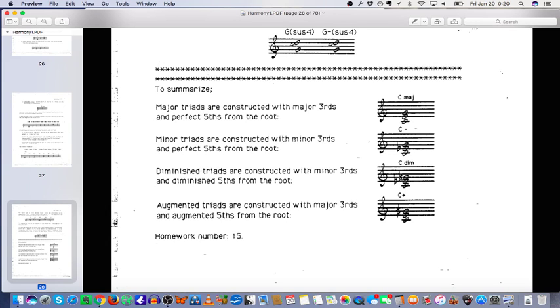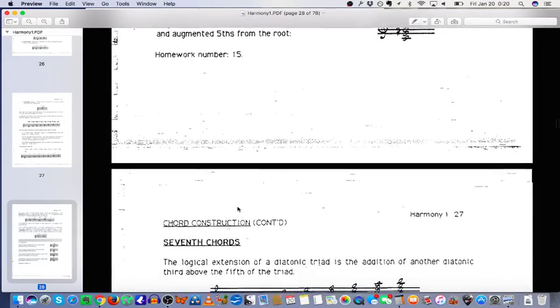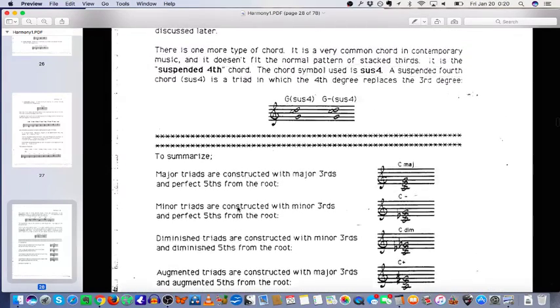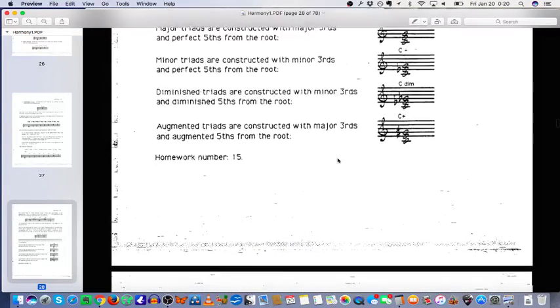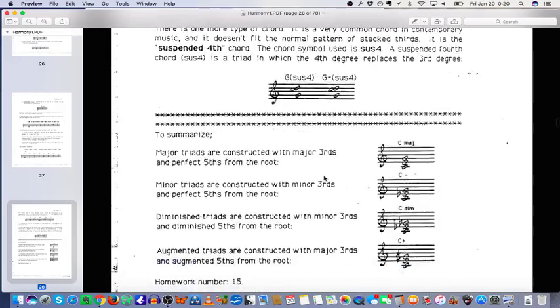Now, the diminished triad, you got a minor third followed by another minor third with a diminished fifth on the outside. All right, augmented, it's a major third and another major third and an augmented fifth on the outside. Okay, so those are the four basic types of triads. I guess you have a bonus fifth one in there too. If you played a lot of worship music, church music, you've seen the sus4 a lot.